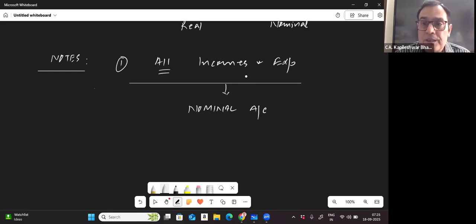When you say it is advance, it is paid to a natural or artificial legal person. So the moment you say it is accrued, it is outstanding, it will always be recoverable or payable to a particular person, legal or natural. Got my point? Okay, that's great. So the rule number one, the note number one, all incomes and expenses are nominal accounts.